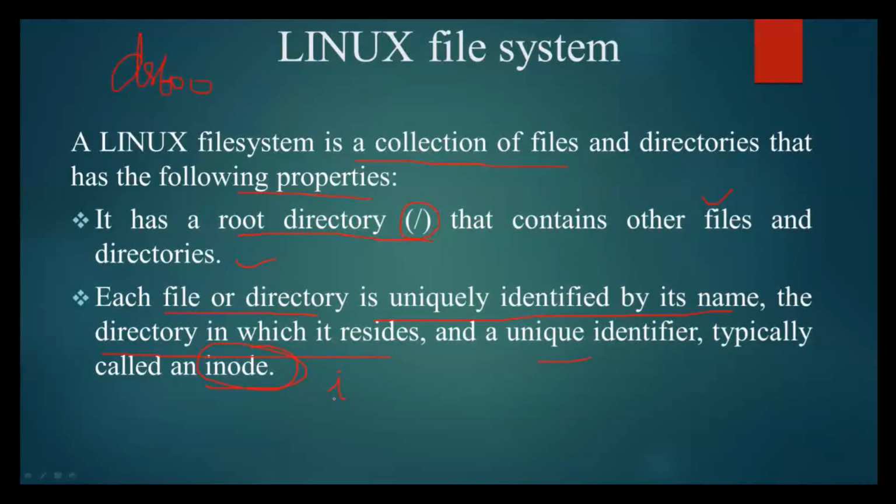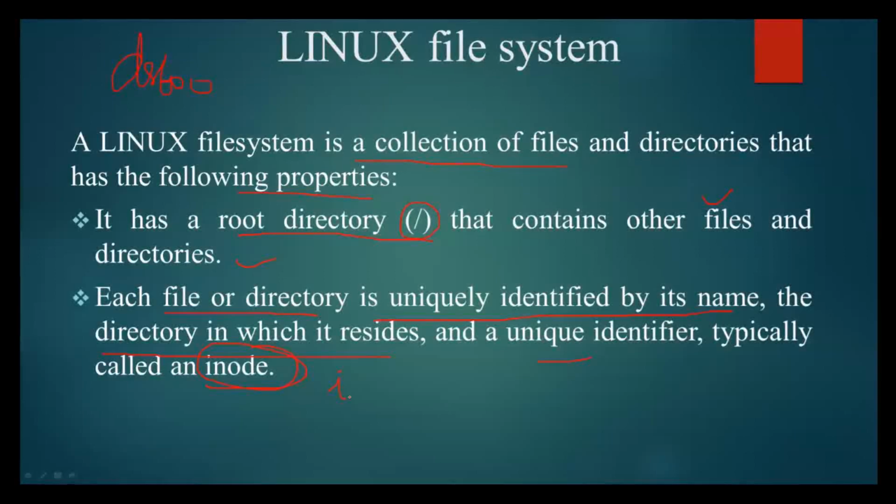Why are we using this inode number? Can anyone say? Suppose in my Linux system I have thousands of folders. What is the need of the inode number, or, coming to the point, what is the need of an Aadhaar number? To identify, right?